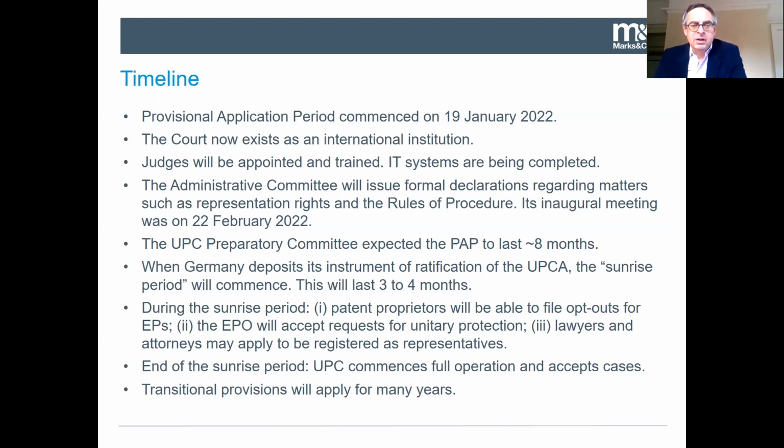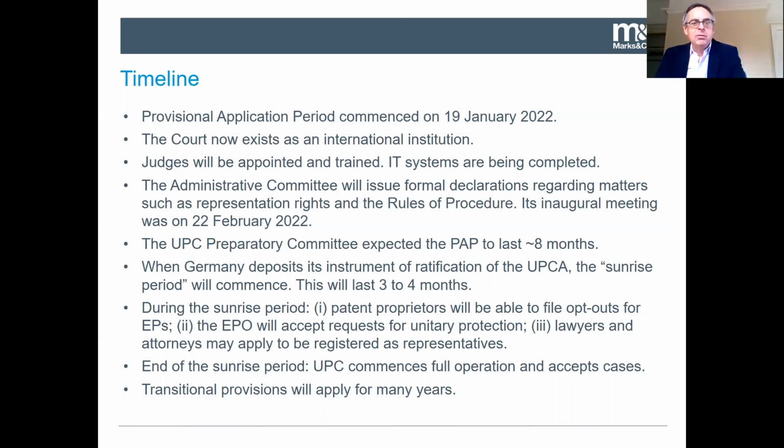There's no firm deadline. It's going to be as long as it takes to get everything ready, because the last thing anybody wants is for the court to officially open its doors to cases, but then find that the IT system collapses and it's not working, or that the system for opting patents out of the jurisdiction of the court isn't working.